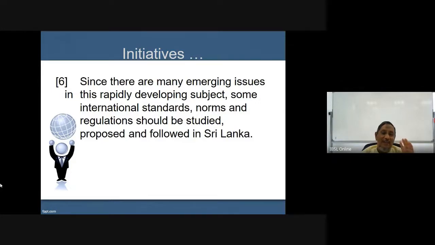The Cheques Act brought in England in 1957 is still not applicable in Sri Lanka. So there are certain changes being proposed to the Banking Act number 30 of 1988, but they could not be completed and are still in the pipeline.